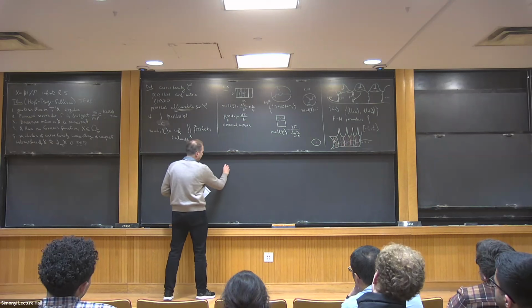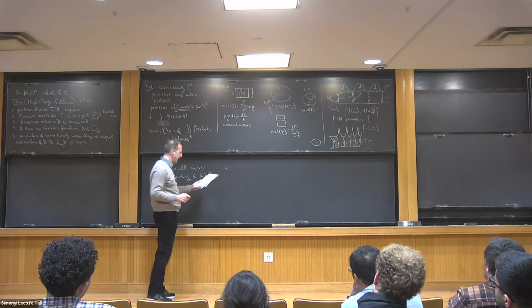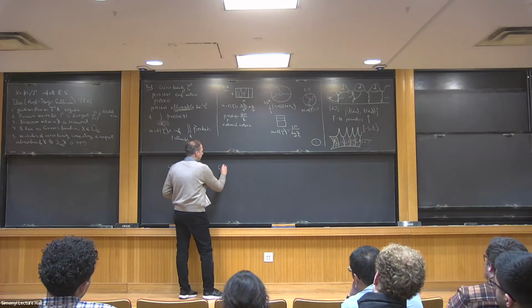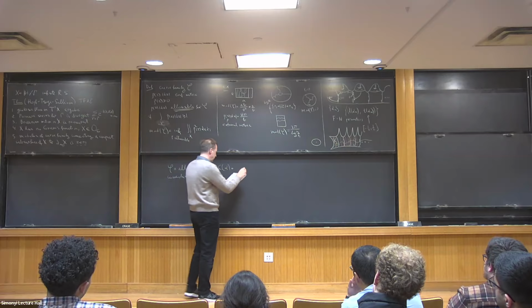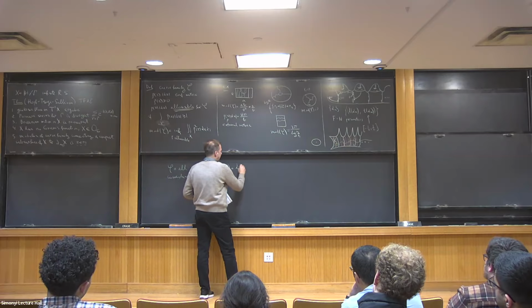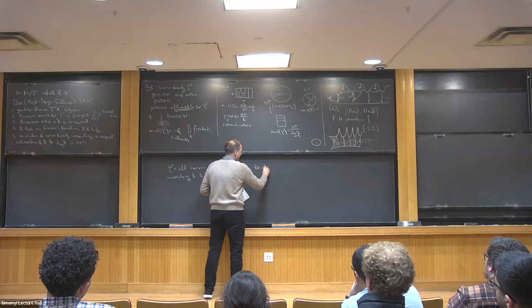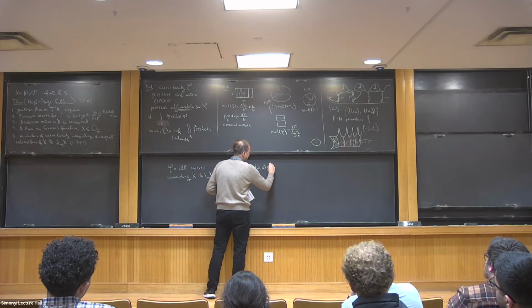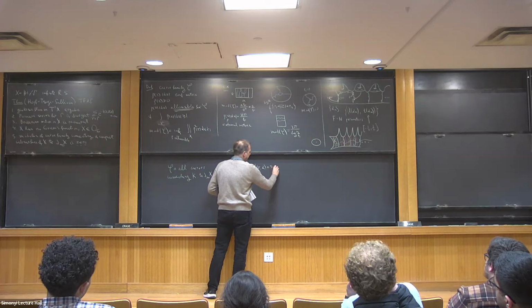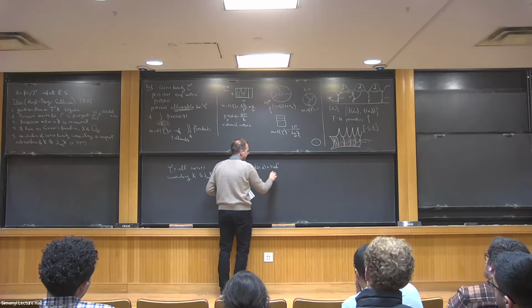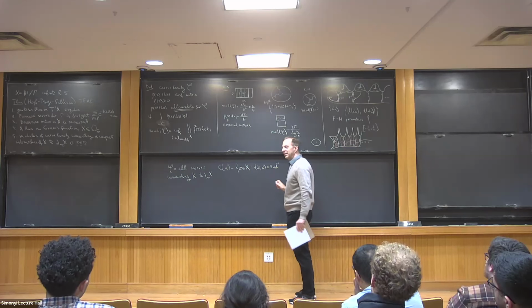So if alpha is a simple closed geodesic, then you can define the polar neighborhood of alpha to be all the points z in your Riemann surface X such that the distance from z to alpha is a constant, which is a function of the length of alpha: sinh inverse of 1 over sinh of the length of alpha over 2.